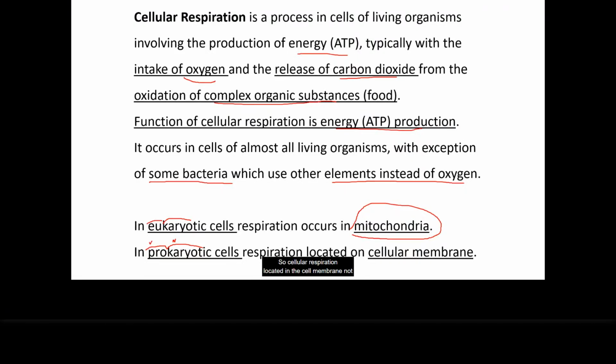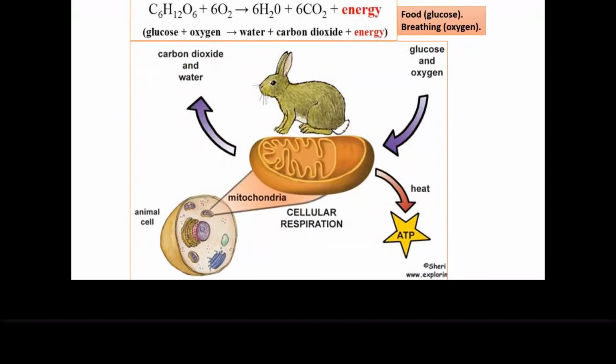Their cellular respiration is located in the cellular membrane, not in the mitochondria, because prokaryotic cells do not have not only a nucleus, but other membrane-bound organelles, such as mitochondria.